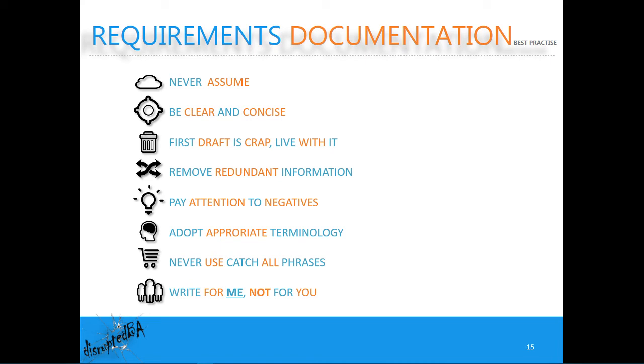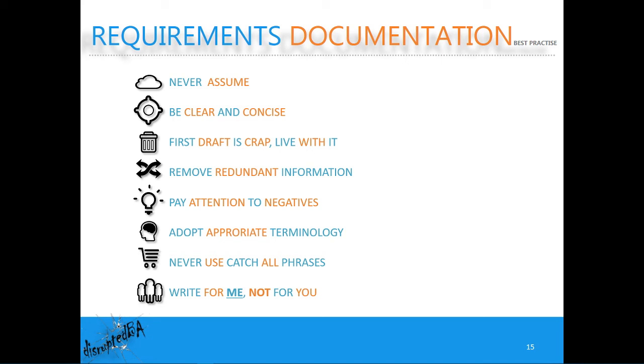But when it comes to writing a document, you need to stand in the other person's shoes. You need to understand how they think and what they want to hear. And that is how you will write it. You can write the best document in the world that makes perfect sense to you, and when I read it in isolation, it doesn't work.